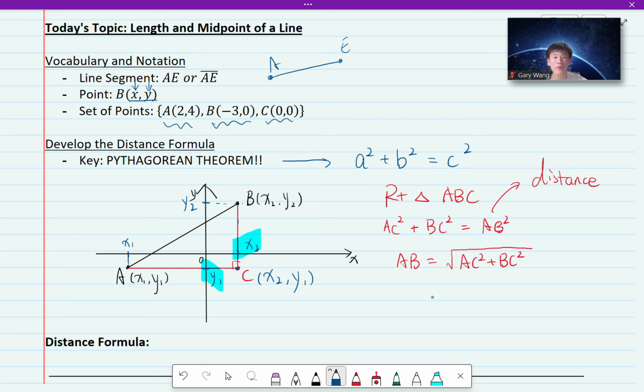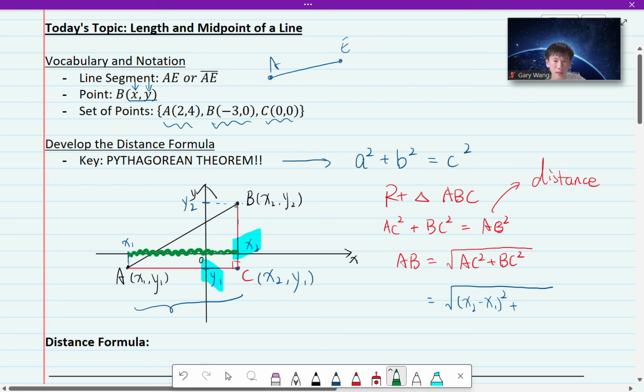So now we can continue to figure out the distance for AC and the distance for BC. For AC, this distance right here, we can clearly see that it is x2 minus x1. What is BC?